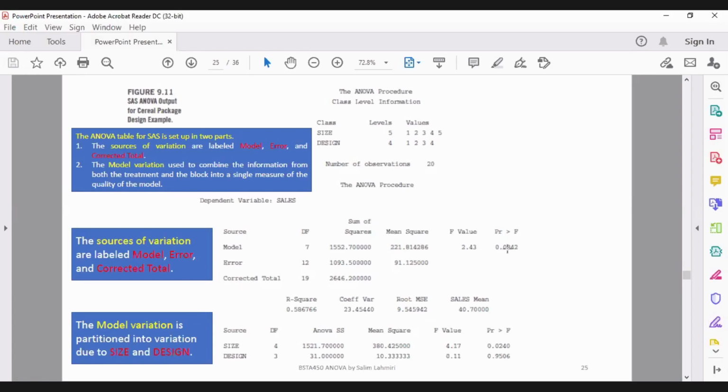So we get a p-value equal to 0.0842, meaning that for the model, following this, we conclude that the mean is equal across experiments.